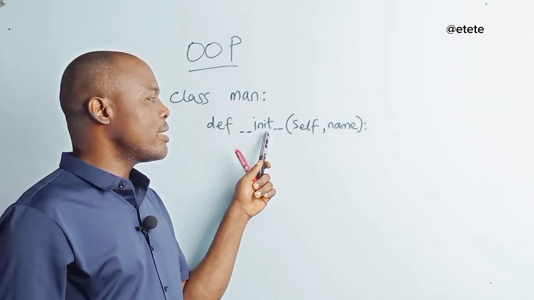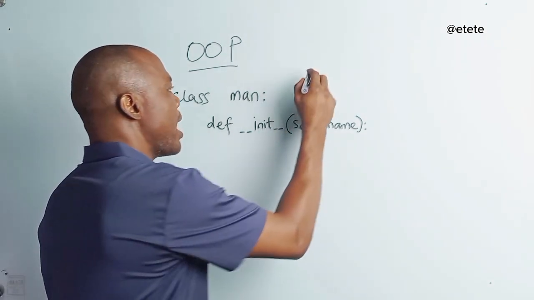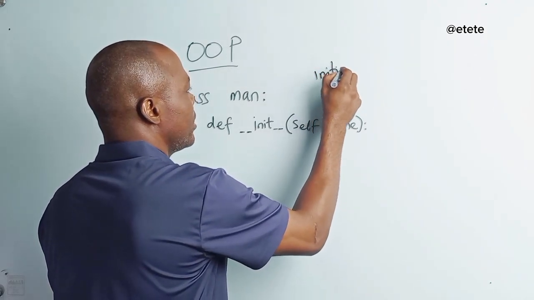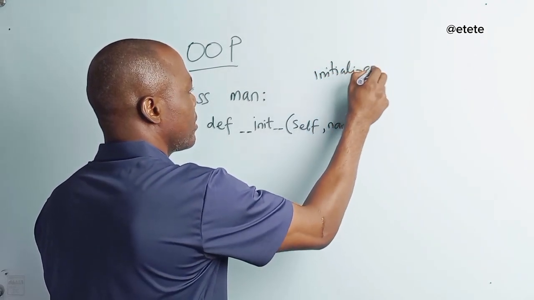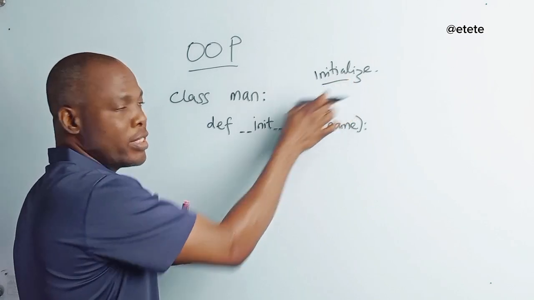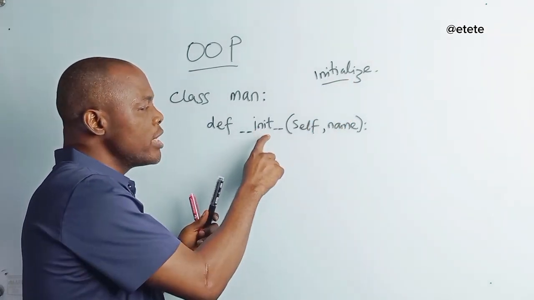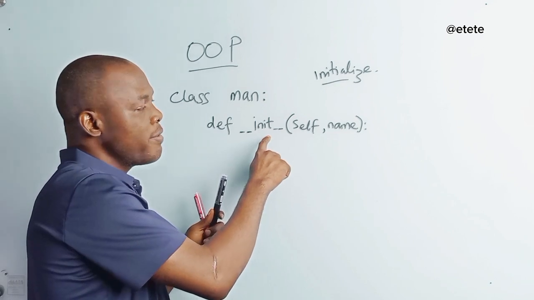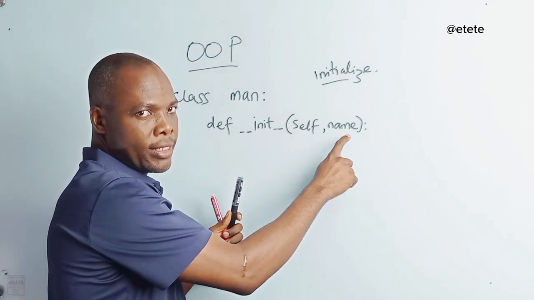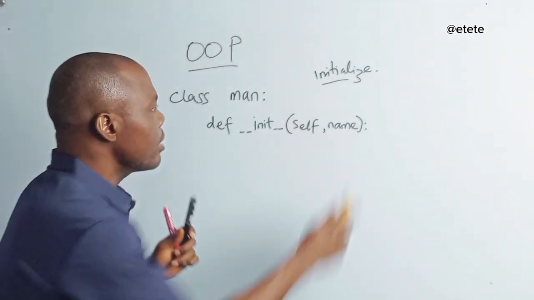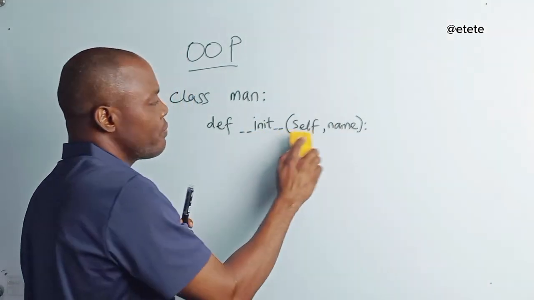What does this mean? This is the full form of initialize, right? This is a short form of initialize. Initialize simply means we are going to use this method to give values to this and this, right? We are going to use this method to give value to this and this.